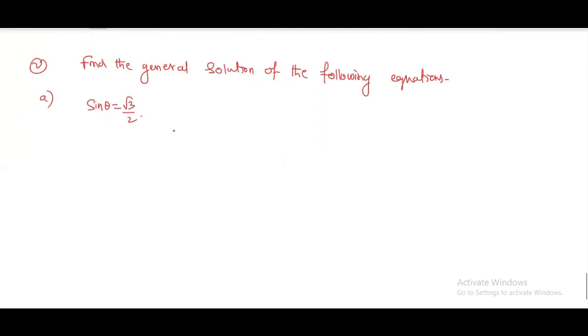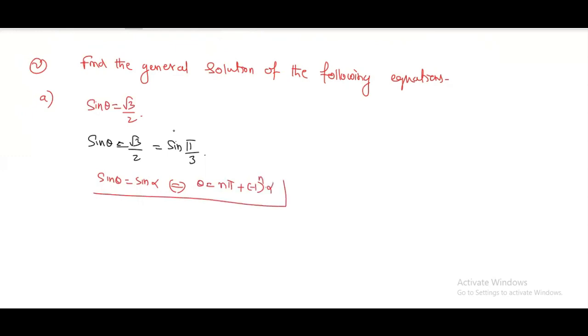So how can we write this one? Sin theta is equal to root 3 by 2, where you will get root 3 by 2 in sine for 60 degrees. So that can be written as sin pi by 3. So sin theta is equal to sin pi by 3, I got. So when sin theta is equal to sin alpha, what we discussed as the general solution is theta is equal to n pi plus (minus 1) whole power n into alpha.